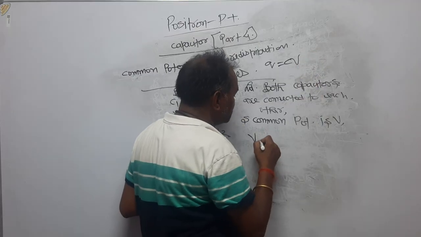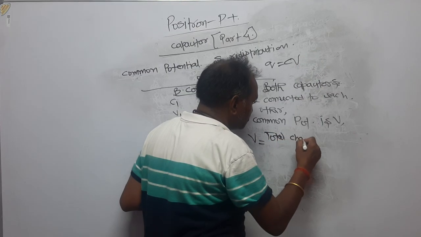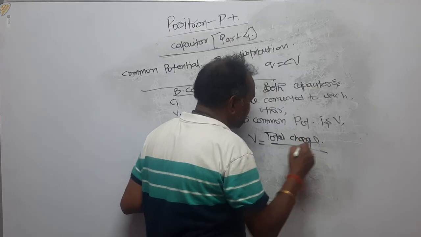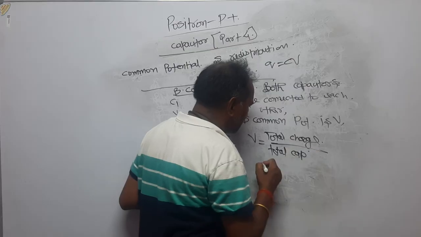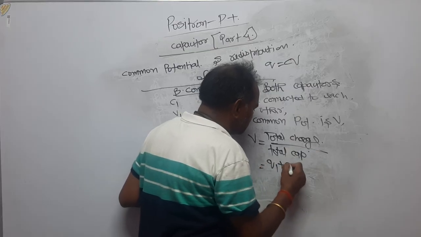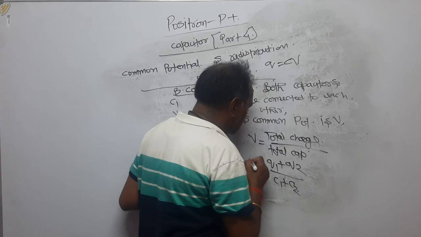So common potential V is equal to total charge divided by total capacitance. Total charge is Q1 plus Q2 and total capacitance is C1 plus C2. Right?